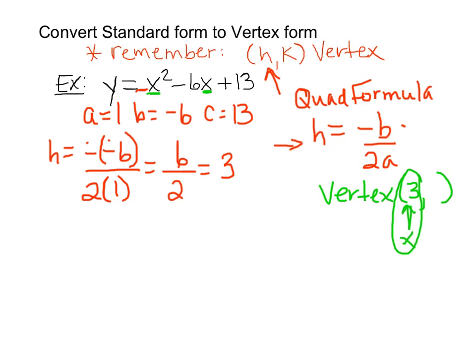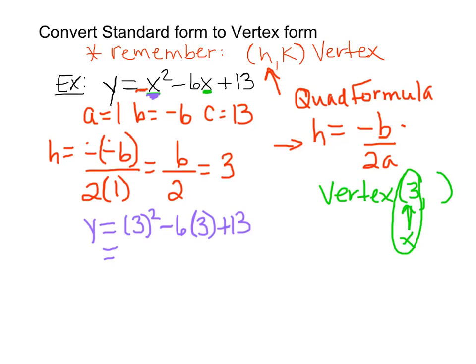Okay, so let's do that. I'm going to change my colors again. Let's do purple. So I'm going to go ahead and plug it in. So I've got y equals, and I'm plugging it in for x right here. So 3 is going to go in place of x, so I'm going to have 3 squared - 6 times 3 plus 13.